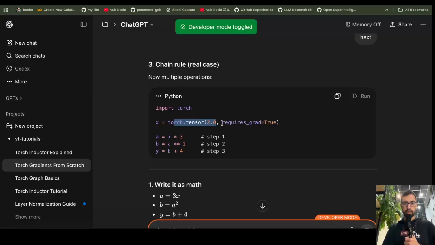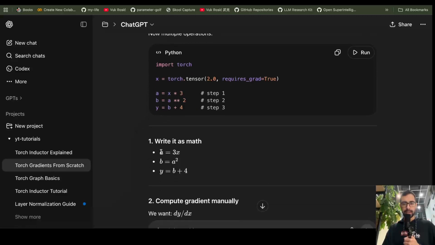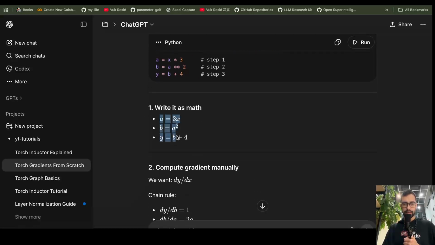Let's now see multiple operations, starting from x with value 2, and then 3x, and then squared. So a is 3x, as you see the whole chain here. This is the math.